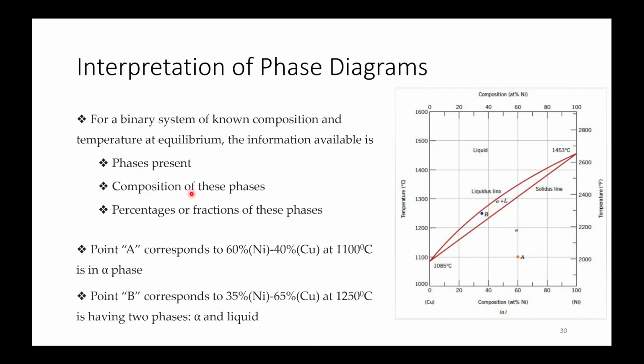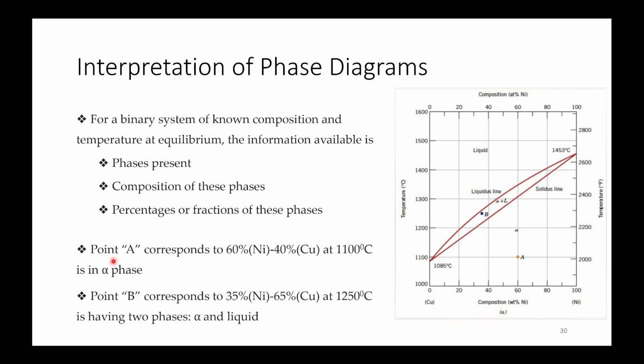We'll be knowing the composition of these phases. For example at point B, we'll be knowing the phase fraction of alpha and the phase fraction of liquid. We'll be knowing the percentage or fraction of these phases. And what will be the composition? How much percent nickel will be present in that particular phase.